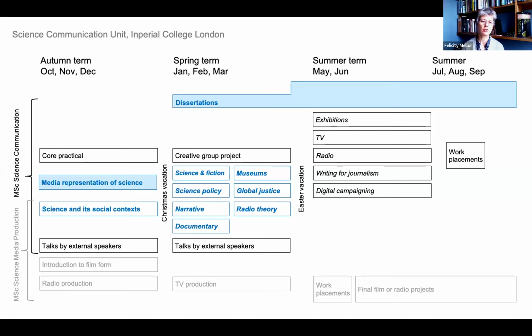And whilst the students take very happily to the humanities approach in the taught academic modules, I think the dissertation is where they struggle a little bit more, not least because they're very busy with other things throughout that period. And in that respect, it's a bit different from some other master's programs. So they're doing practical project work alongside. They're also doing work placements at the same time for part of that period.